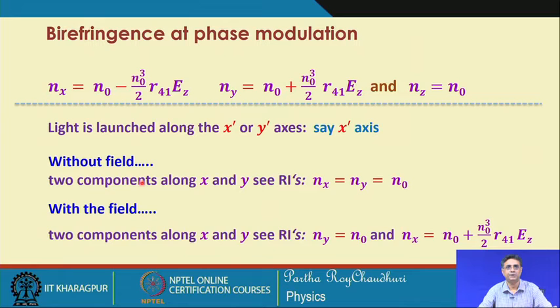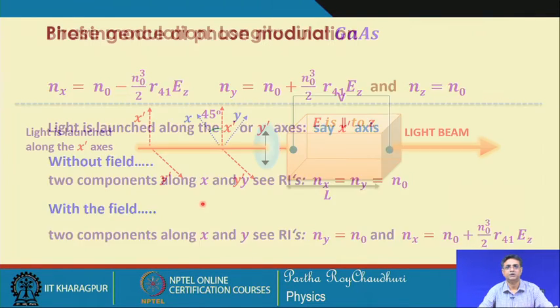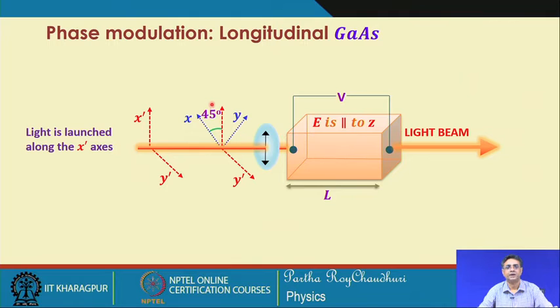So, without field, the two components along x and y see the refractive index, which is n x equal to n 0. But with the field, the two components along x and y, because when you launch light along this axis, there will be two components, one along this, the other along this.